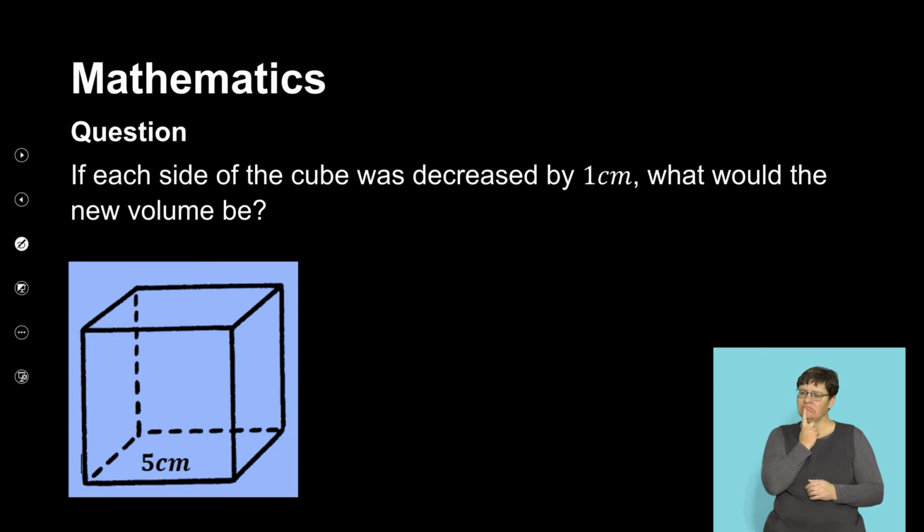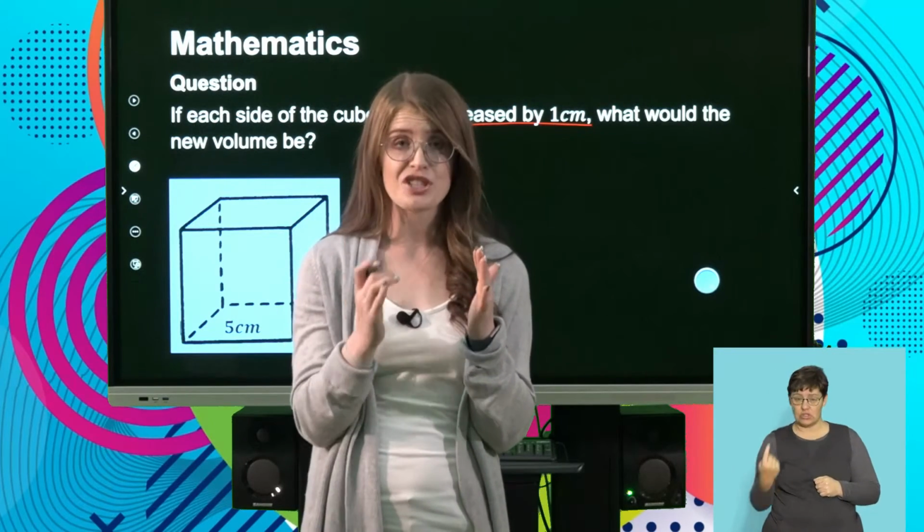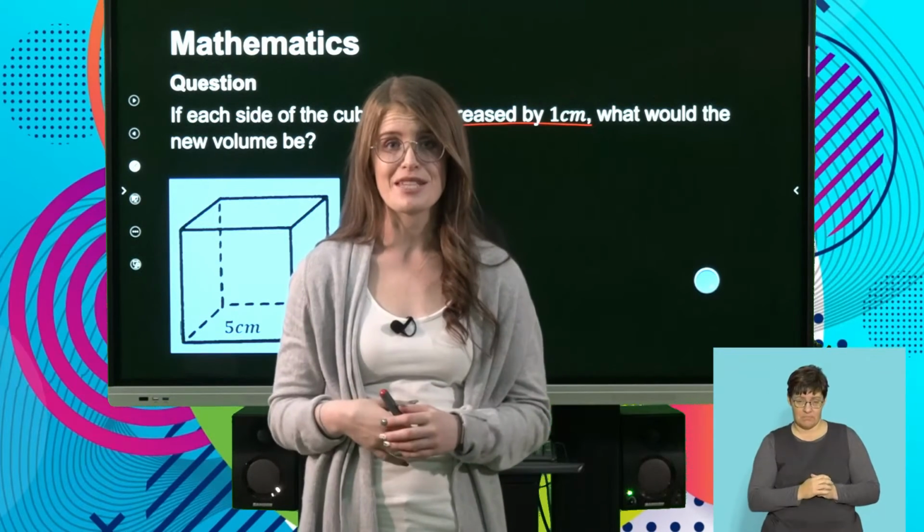So it says, if each side of this cube was decreased by 1 centimeter, what would the new volume of the cube be? So this question is essentially asking us to look at what we've been given. We've been given a cube where each side is 5 centimeters.